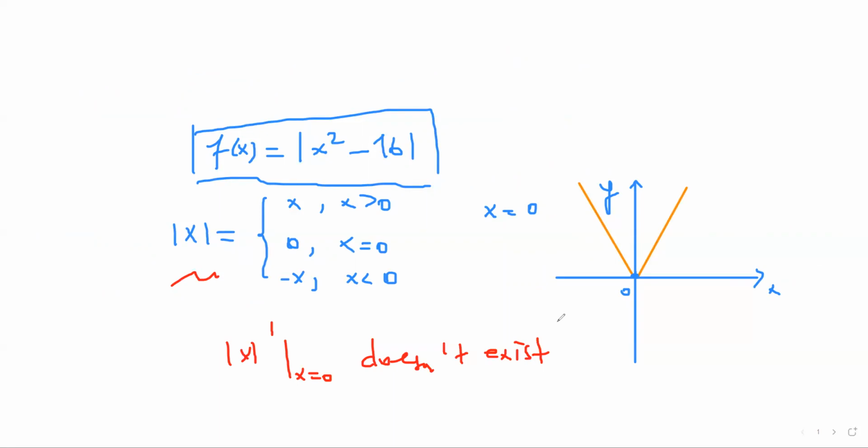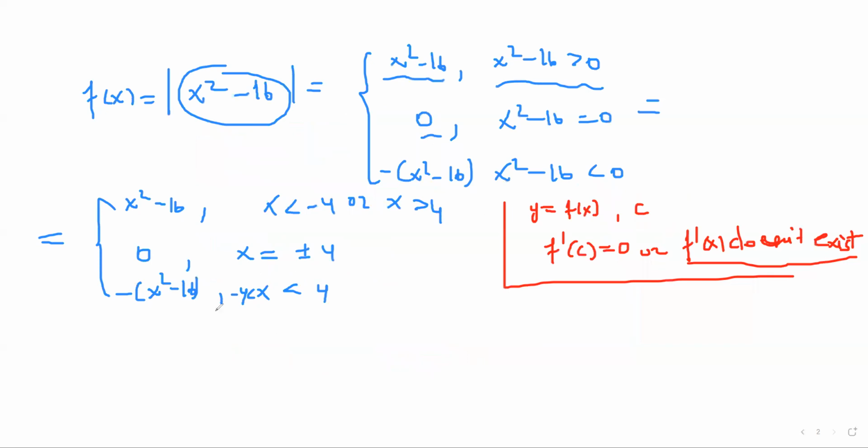At point 0, the left and right limits do not coincide, so they are not equal. That's the reason the derivative as a limit does not exist there, so the function is not differentiable at x equals 0. This is the fact we are going to use for this case.